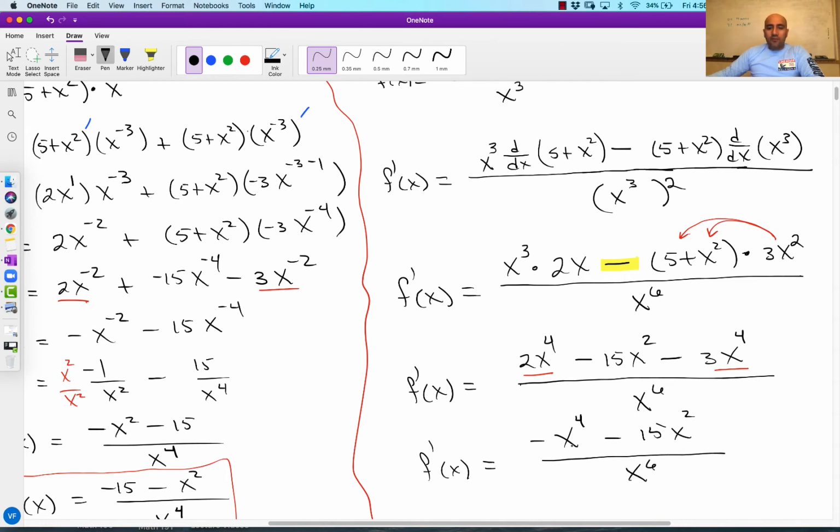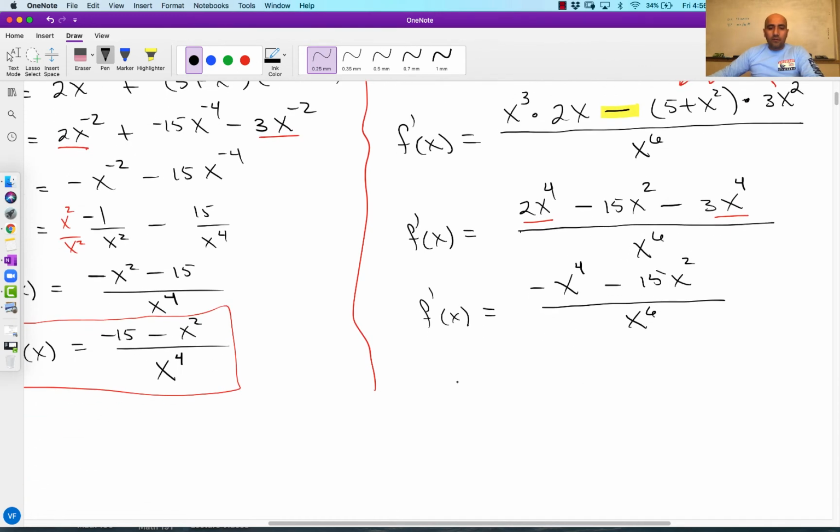And now we can factor out an x squared from the numerator. And just to make it look like that, I'm also going to flip them around. So I'm going to put x squared, parentheses, and then I'm going to flip these around and have a minus 15 minus x squared, right?